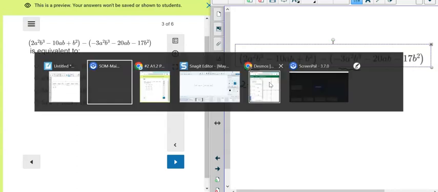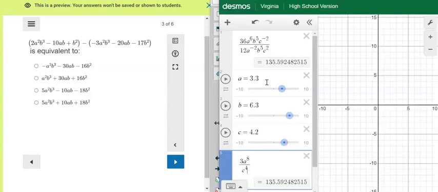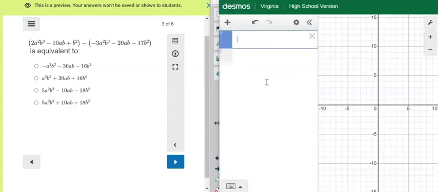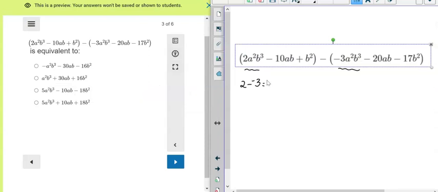Or honestly, if you want to double check in Desmos, I don't mind if you do that. 2 minus negative 3 is positive 5. Okay? So as I'm building my answer, it would be positive 5 a squared b cubed. So that's done.